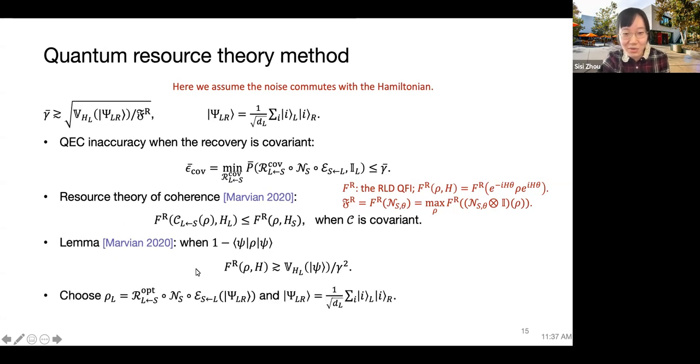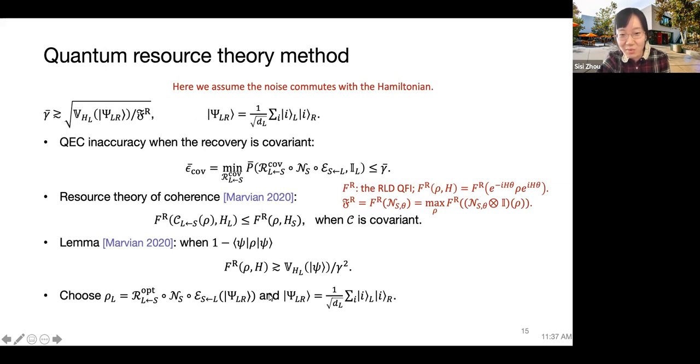And then basically what we do is we choose the rho here to be the state after the error correction procedure. So we can see that it's going to be close to a pure state, but not exactly pure, because the error correction is not perfect. So rho is going to be close to a pure state in terms of the distance gamma.